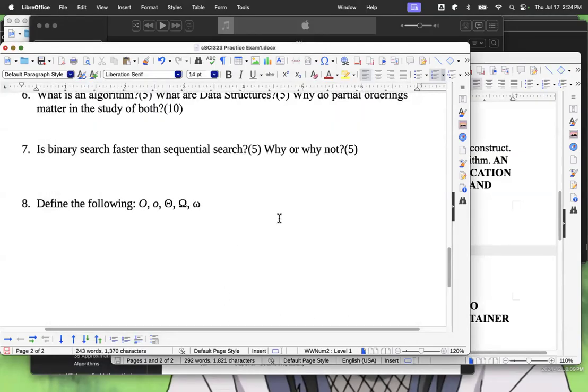All right, can you define the following? We say that a function f of n is in big O of n if and only if, you remember that one? All right.